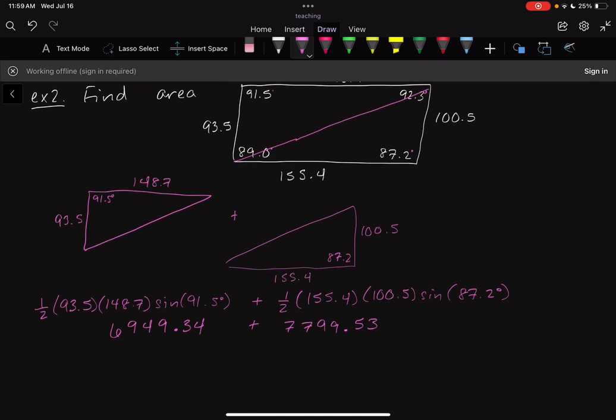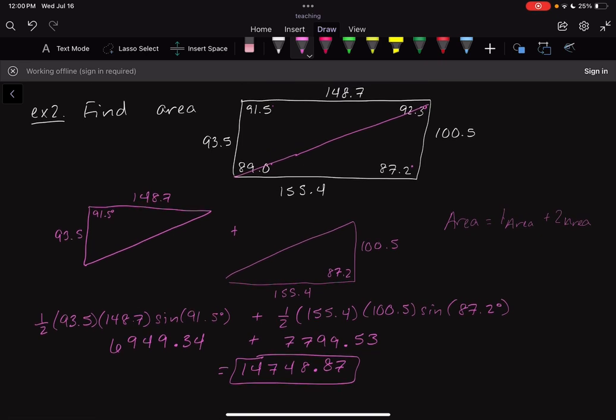So if I add this together, I get 14,748.87 as my answer. And that's it. So I was just taking the total area and I added the first area plus the second area to find that total area.